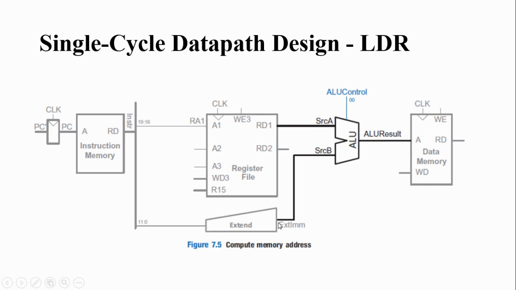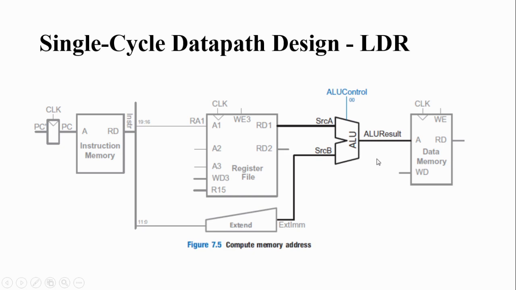Then sign extension is used for creating the 32-bit value. Then in the next step, the ALU is used to add the base address and the offset. Right, so you got the destination address here. So for performing the addition operation, you are giving the ALU control signal as 00. So now here you got the final address.